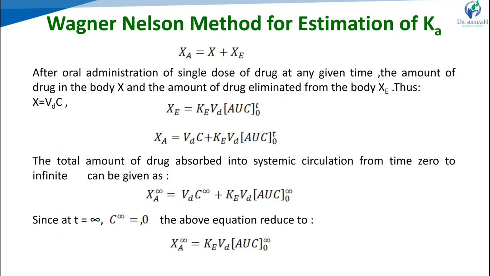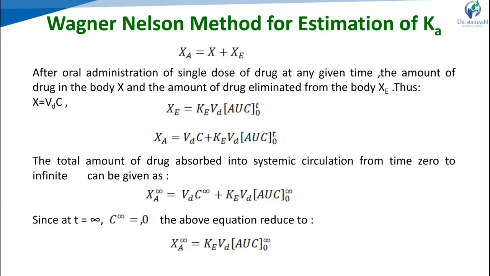Now the total amount of drug absorbed into the systemic circulation from time 0 to infinity, Xa infinity, becomes Xa infinity is equal to Vd into C infinity plus Ke into Vd AUC 0 to infinity.